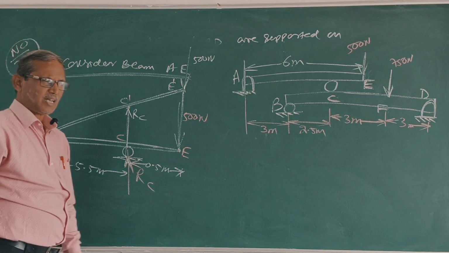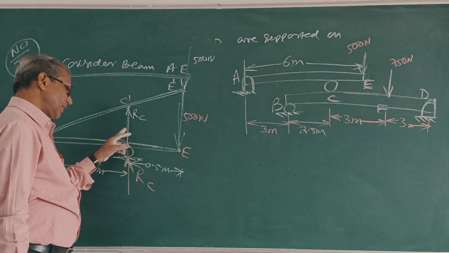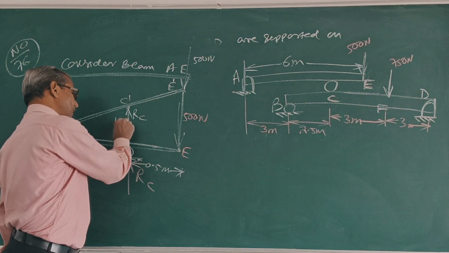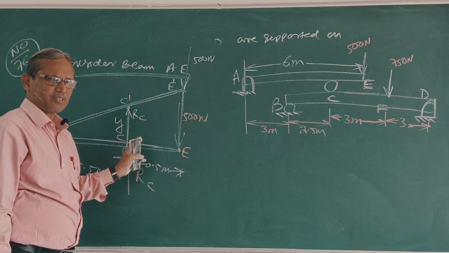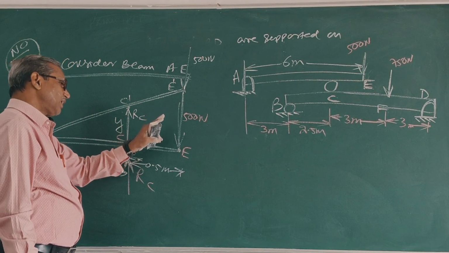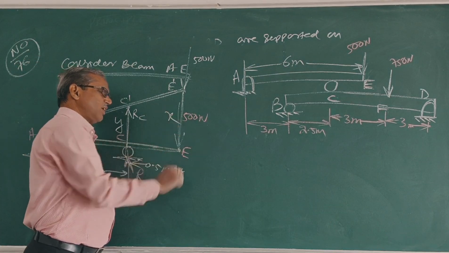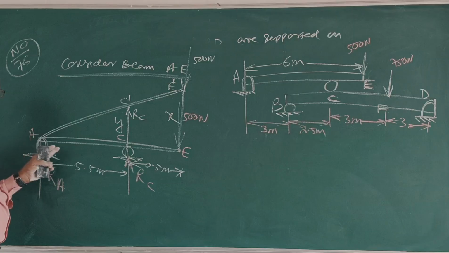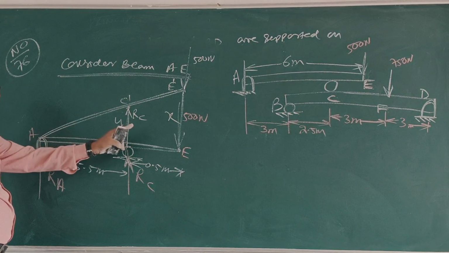Again, I will make it clear. Give a virtual displacement y at C. The corresponding virtual displacement at E is x. Clear? At A it is 0. Now find x in terms of y.